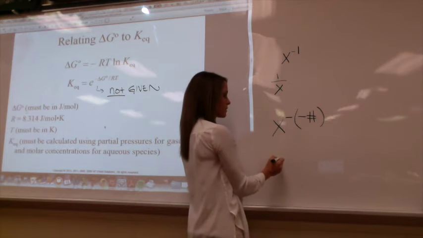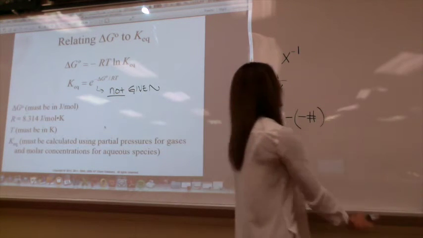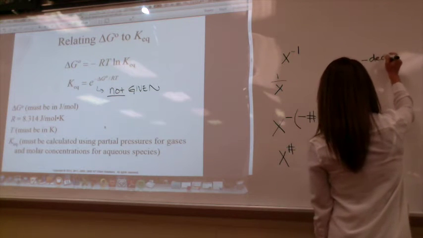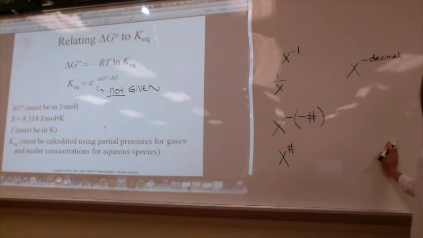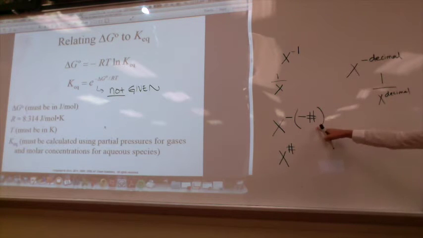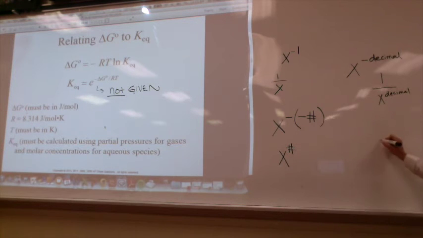So this means 1 over x to the number. What if I have x to a negative decimal? It'd be like a root, but what do I do with it? Isn't it like 1 over? It's still 1 over x to the decimal. And if I have a whole number, x to a whole number, it's still 1 over that number.